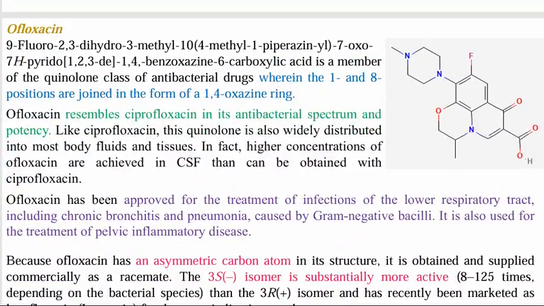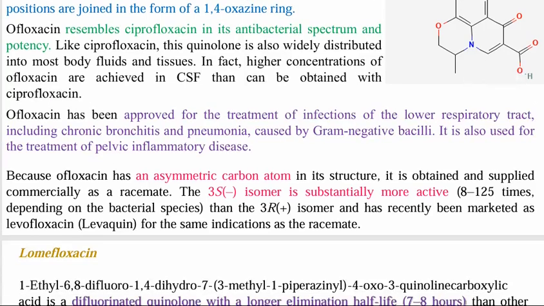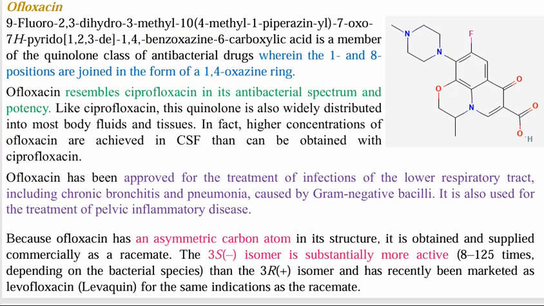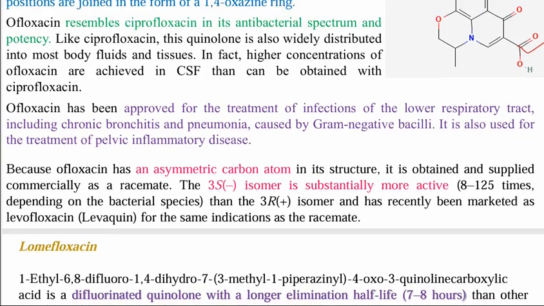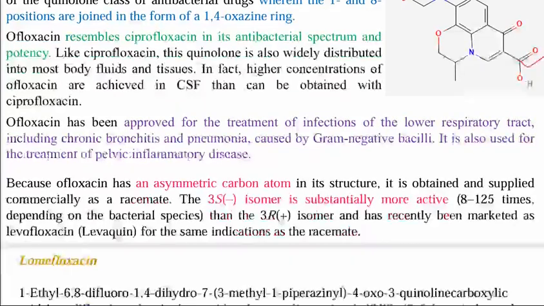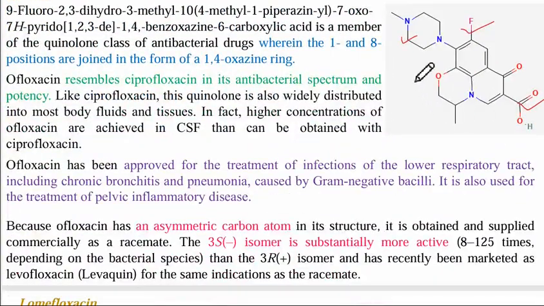Let's move ahead to ofloxacin. Again, you can see there is a piperazine ring at the 7 substitution, a 6-fluoro substitution, and a 3-carboxylic substitution. There is one more additional substitution which gives optimal potency, at positions 1 and 8.